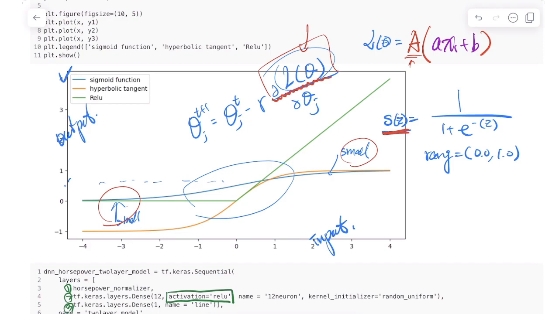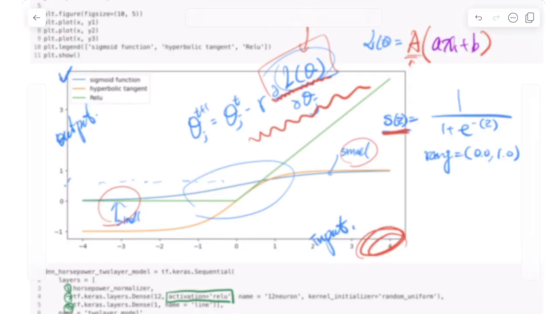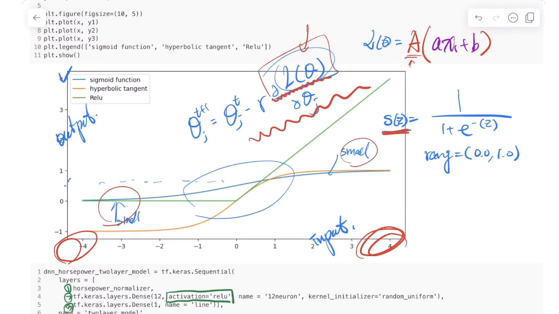So that indicates that when you perform gradient descent and update your theta, the effectiveness will not be that good if your input value is quite large or quite small. That is exactly the reason why we adopt normalization on our input values, our features.